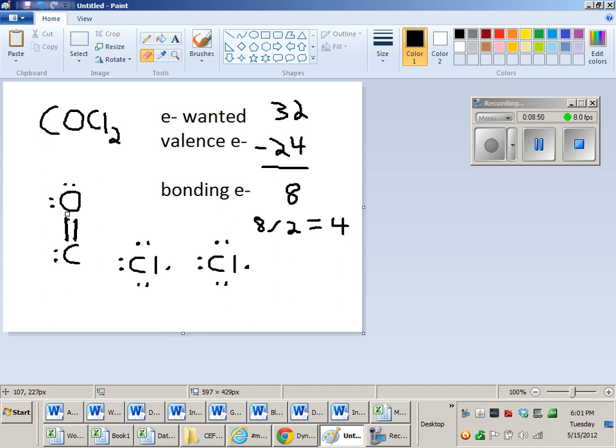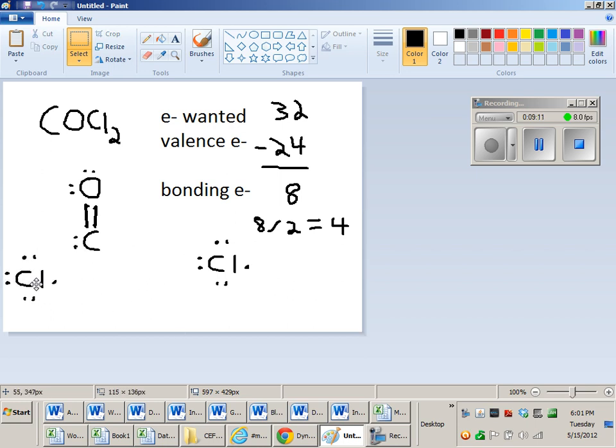Carbon, however, has 2, 4 bonding electrons total and 2 non-bonding. So that's 6 electrons surrounding carbon. So carbon should be forming 2 more bonds. Each bond it forms will give it an additional electron that it shares from somewhere else. That somewhere else is going to be a chlorine.